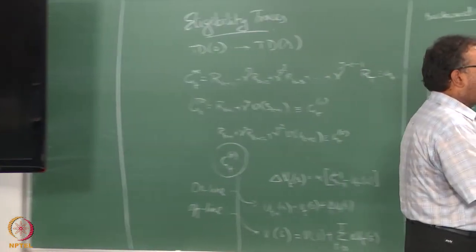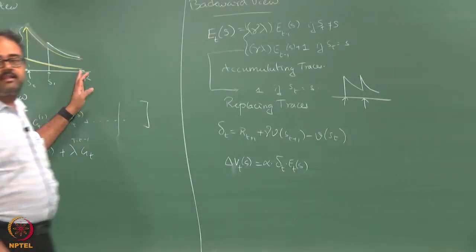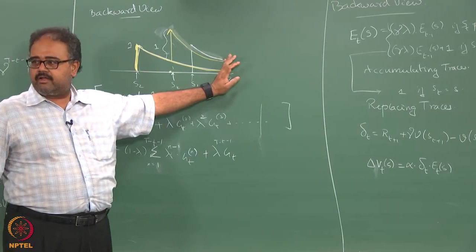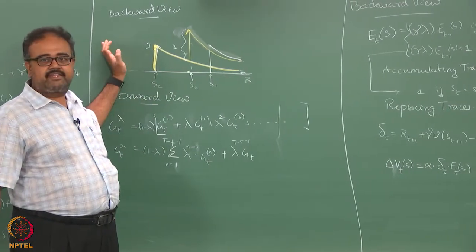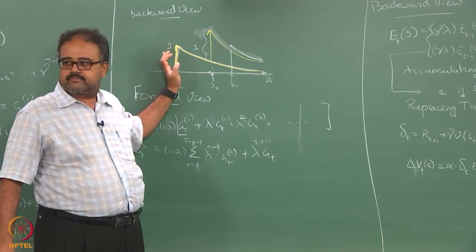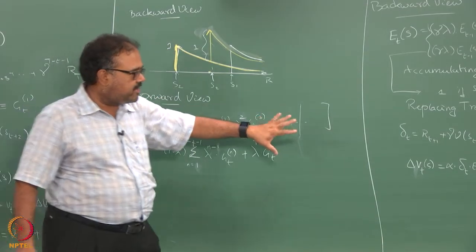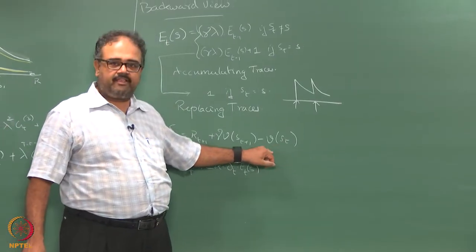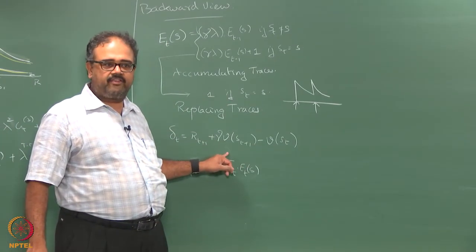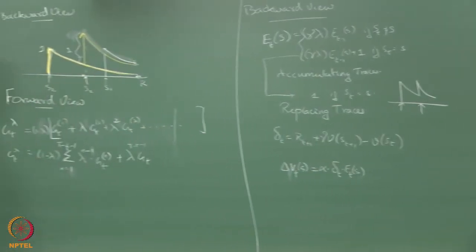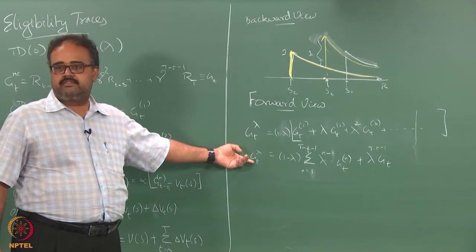This delta t is where your current reward enters the picture. So whenever I get a reward here, I will use the current reward and change all the states which have a non-zero eligibility at that point. That is essentially what is happening here, but we have to show that all of these pesky components will get telescoped into one another and you will end up computing G t lambda.